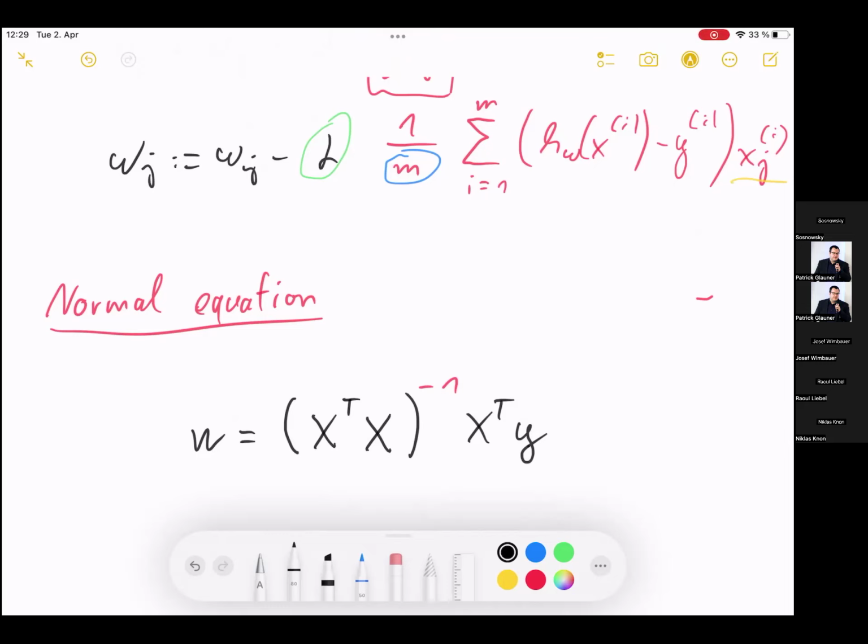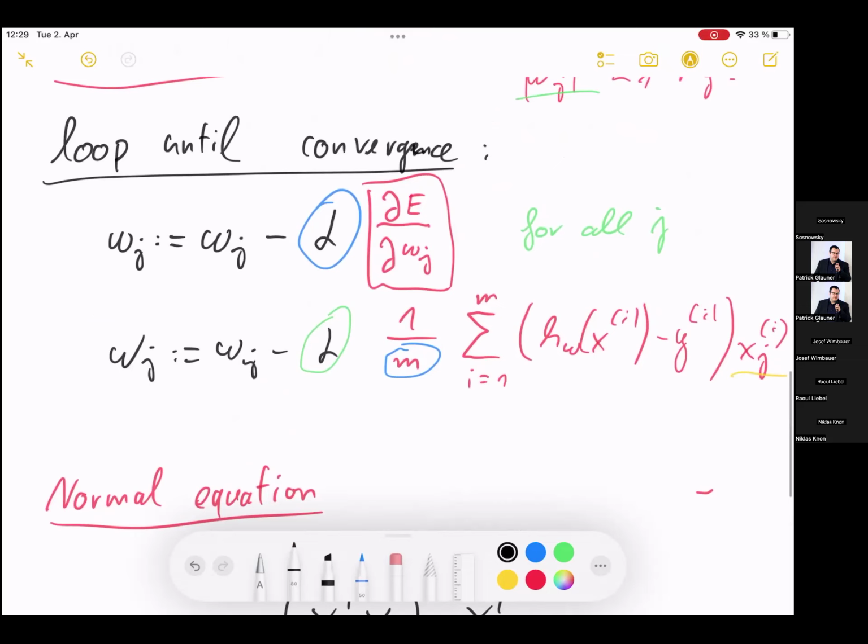First of all, it requires no loop. So it's something more definite, maybe, than a loop, where I don't know how long it takes until convergence. I don't need a learning rate, because in my gradient descent I need this learning rate, which I need to find experimentally. In order for gradient descent to work efficiently, I also often need some feature normalization or feature scaling.